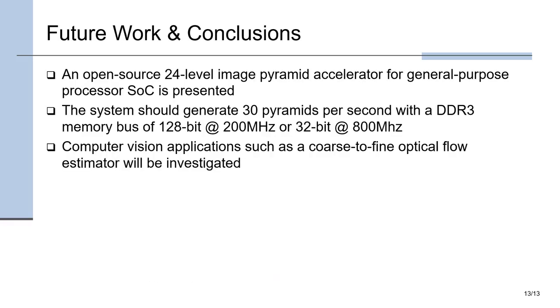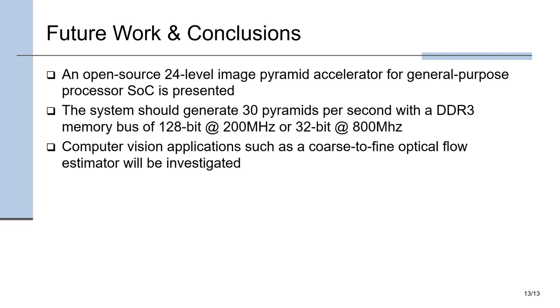Finally, some conclusions. In this paper, we have presented an open source 25 level image pyramid accelerator for general purpose application processors. In this image pyramid generator, the downscaler design is based on a sophisticated long tap filter. So it produces pretty good scaled image quality, and that's intended for computer vision applications.